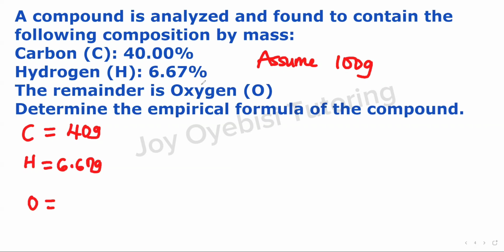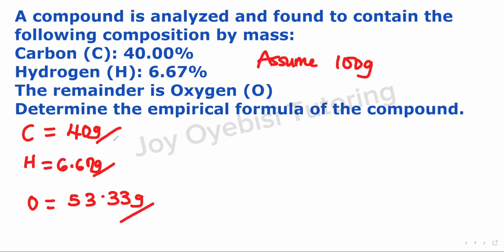Remember I said percent composition is a total of 100 once you know all the elements involved. So 40 plus 6.67, then subtract that from 100, that gives us 53.33 grams, okay?